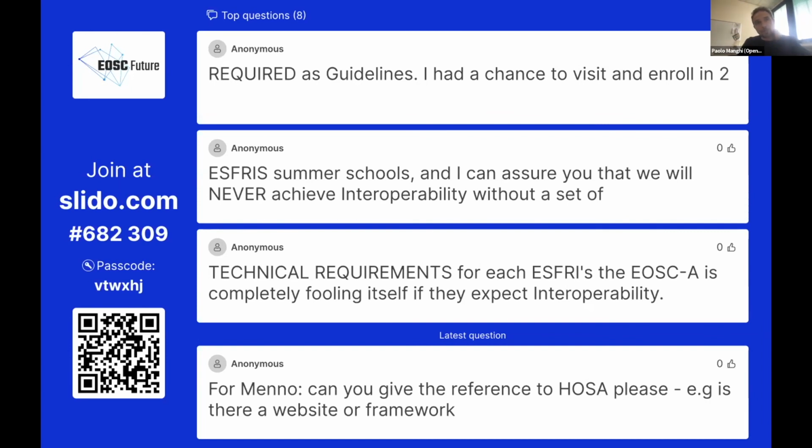On the EOSC Exchange, as Licia said, what is extremely important is that the guidelines that communities are using surface centrally at the level of the EOSC, especially when these are used to perform interoperability efforts at the local level, maybe between different infrastructures, because of the need they had to do it.